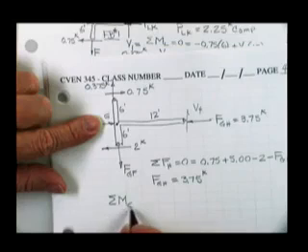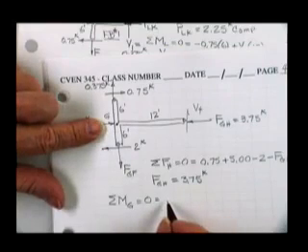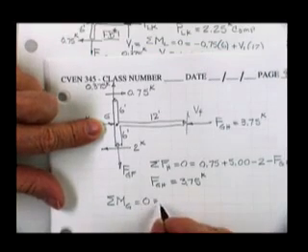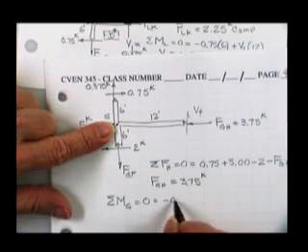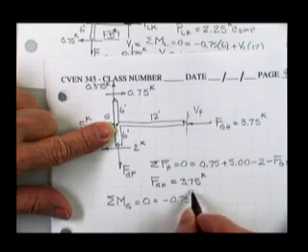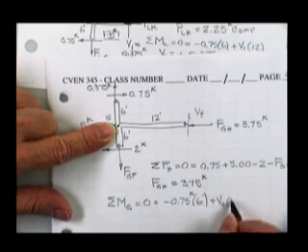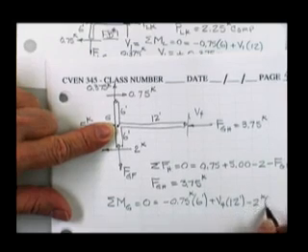So sum of moments about G is equal to 0 is equal to. Did you already get me an answer? Well, the answer's in the book, isn't it? All right. Let me write it down. Sum of moments about G is minus 0.75 times 6 feet plus shear number 4 times 12 feet minus 2 kips times 6 feet.